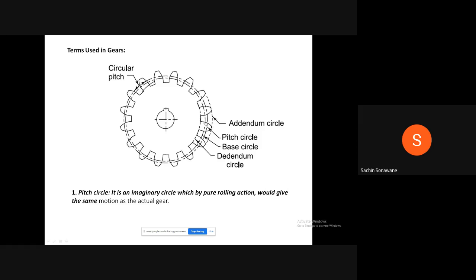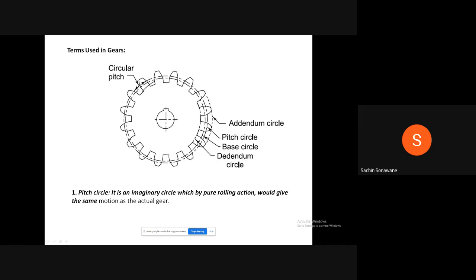And base circle and dedendum circle are connected with fillet radius. That definition is there. Therefore, there are four major circles in the gear: addendum circle, pitch circle, base circle, and dedendum circle.